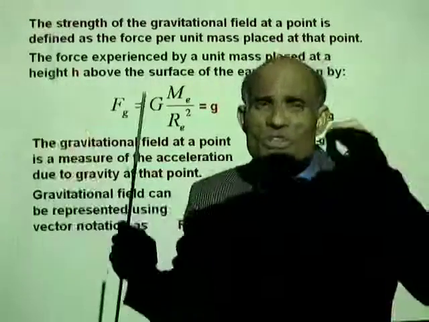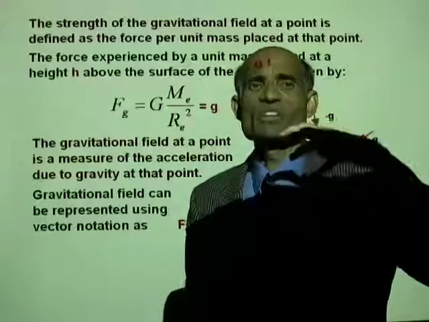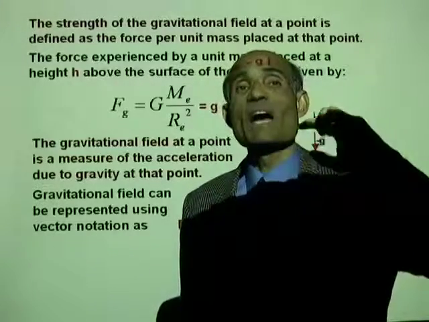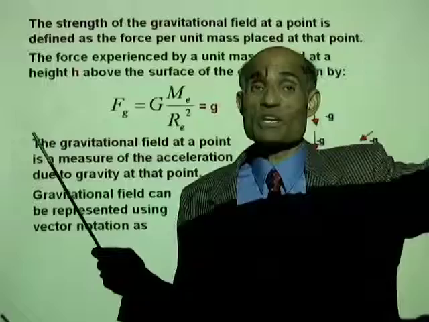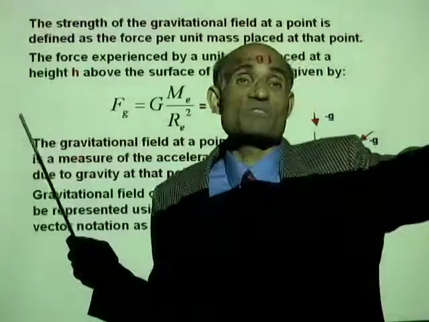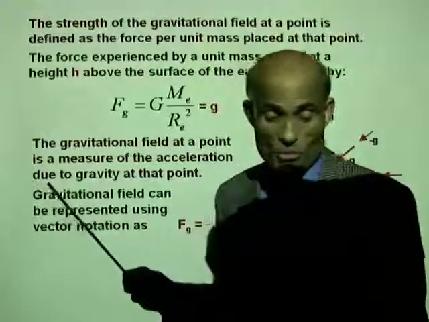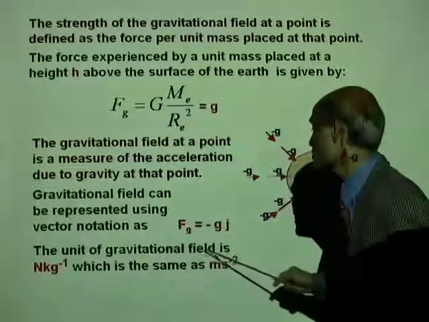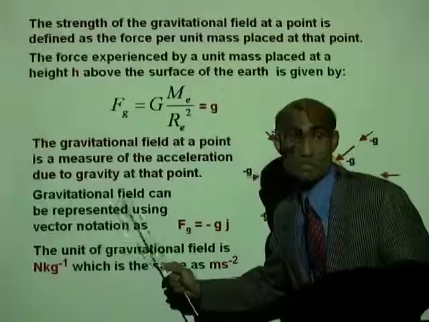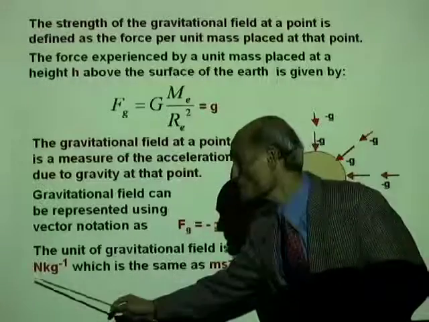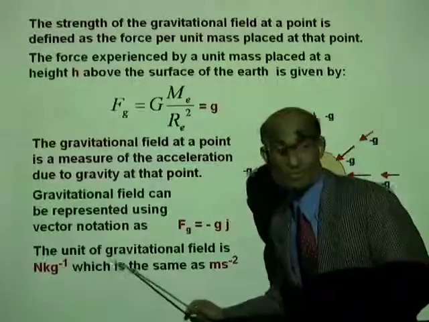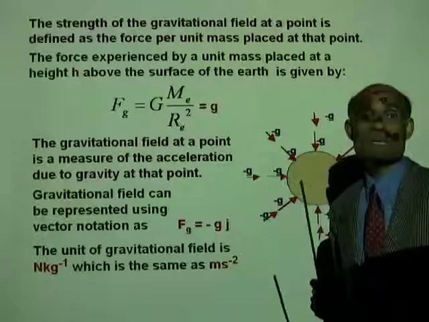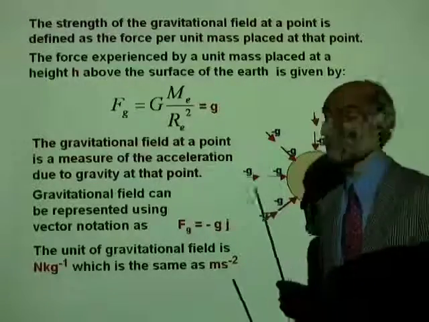Well, for practical purposes we can say the gravitational force field at infinity, at an infinite distance from the earth, will be zero. Alright, so the unit of gravitational field is, we talked about it, it is Newton per kilogram, which is the same as meter per second squared.